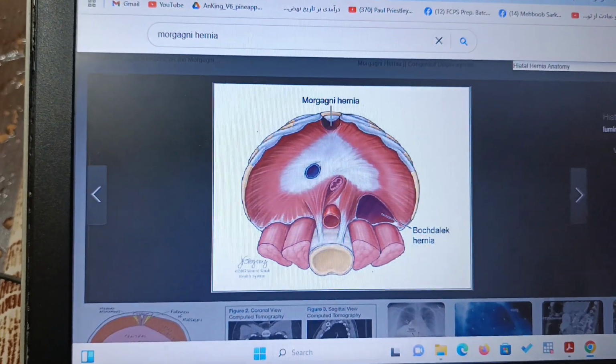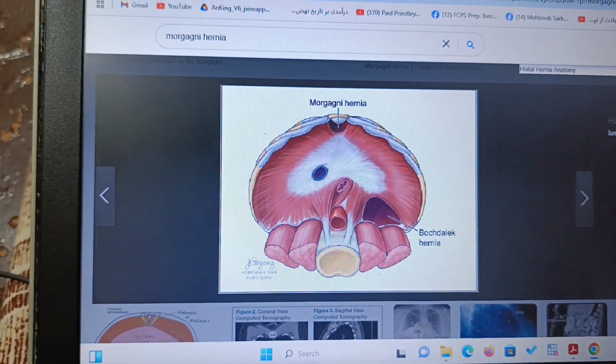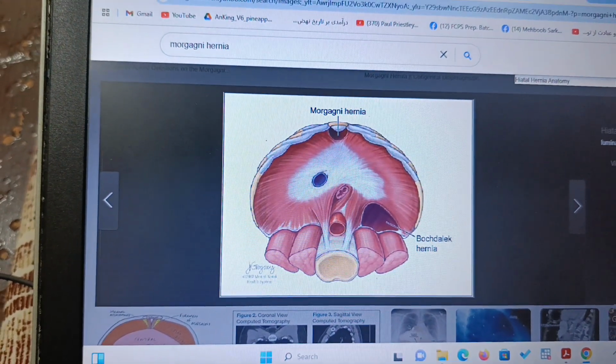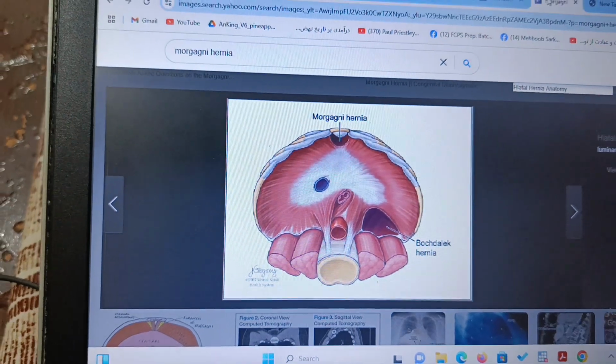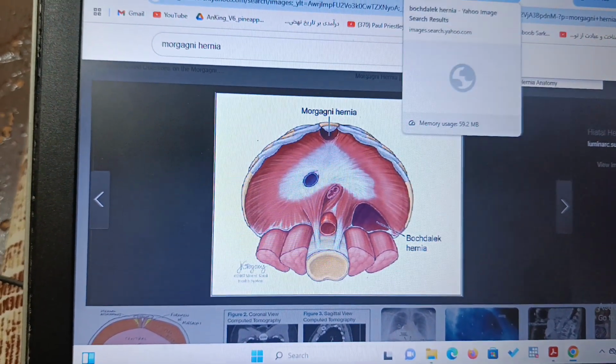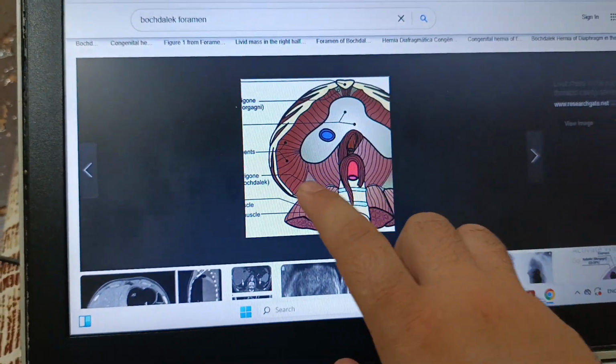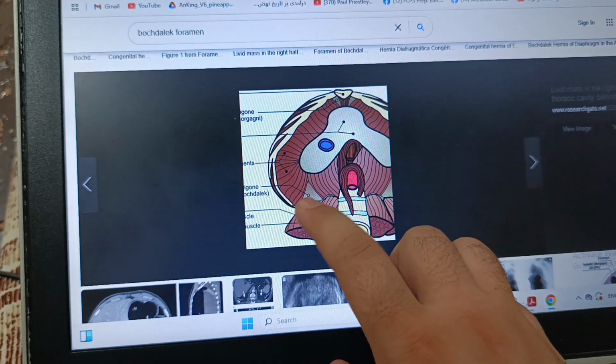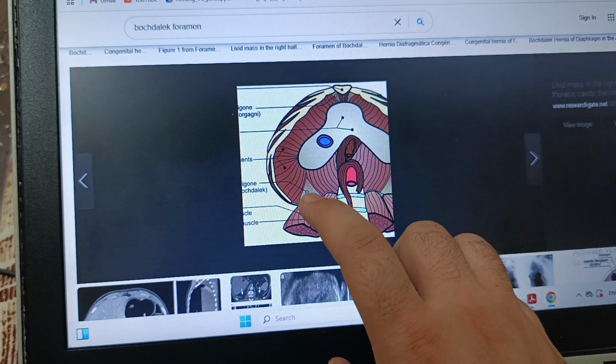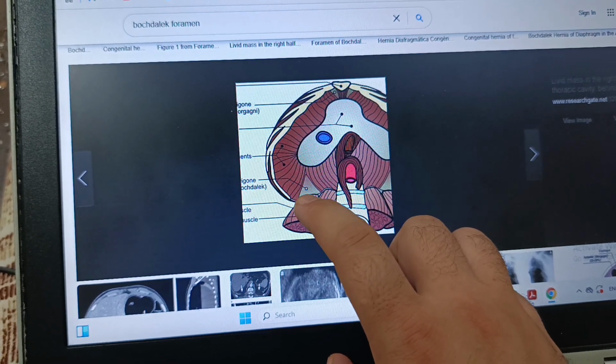For Morgagni hernia, we may have a scenario where a part of the transverse colon is herniating into the thoracic cavity. Here you can also see the Bochdalek triangle or opening, and that is most commonly in the left hemidiaphragm.